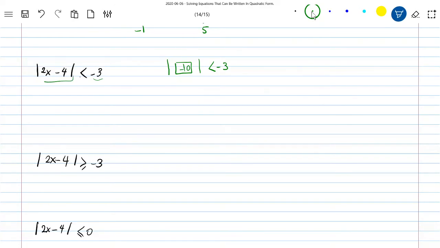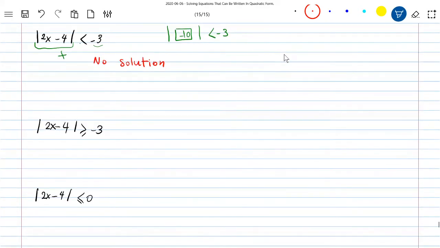The outcome is always a positive number, or 0. At least it's non-negative. So when the absolute value is less than a negative number, there is no solution. There is no number you can find for x to satisfy this equation.